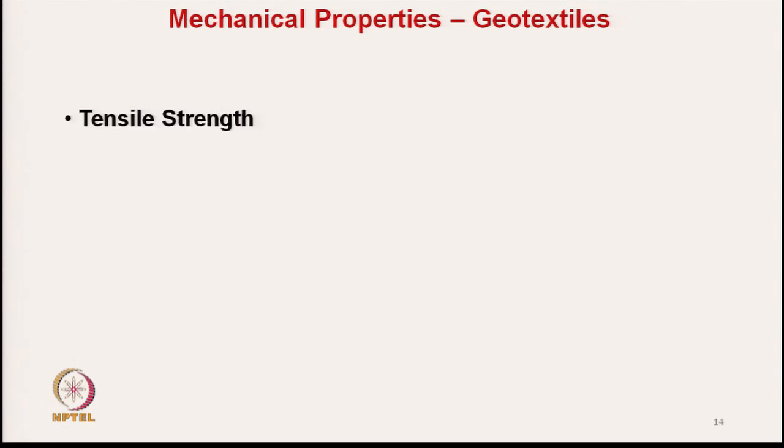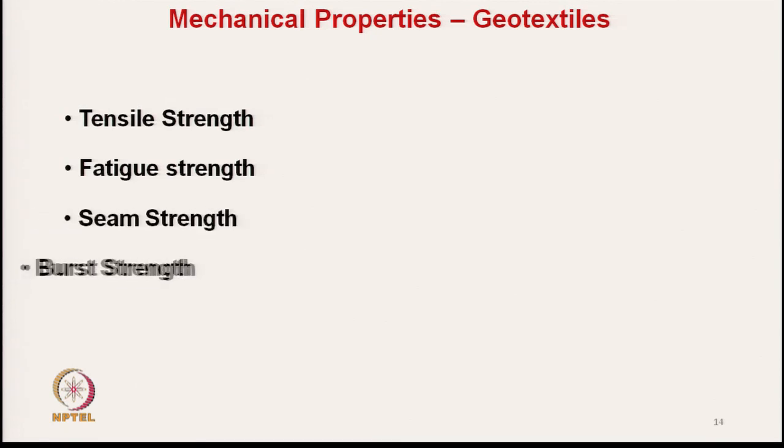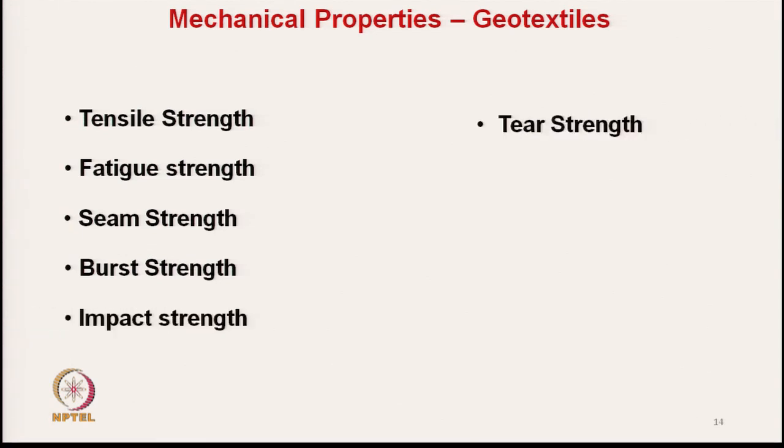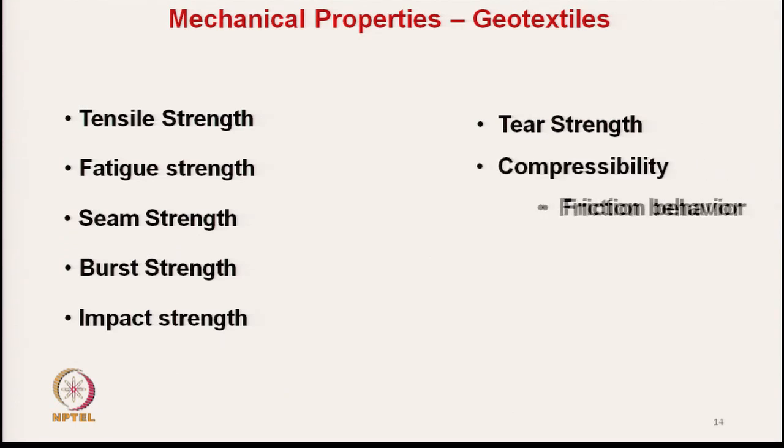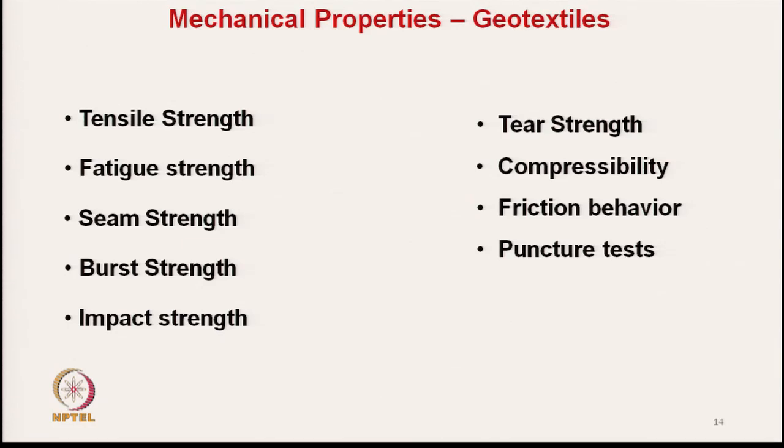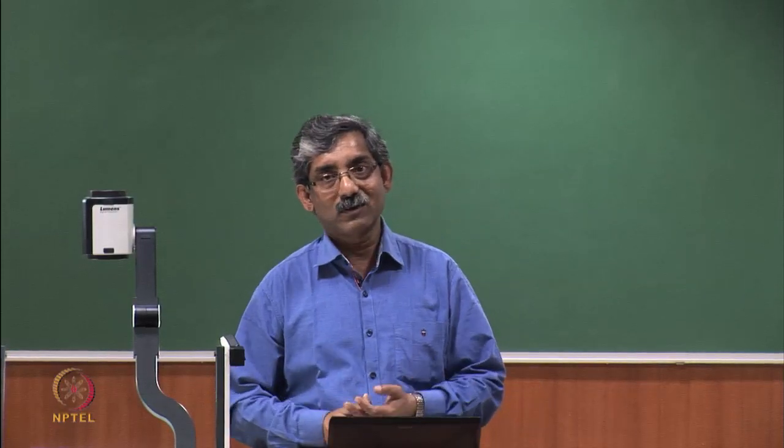In mechanical properties, there are tensile strength, fatigue strength, seam strength, bursting strength, impact strength, tear strength, compressibility of geotextiles, frictional behavior of geotextiles, puncture test, pull out test, and direct shear test. So, we will discuss all these test methods one by one.